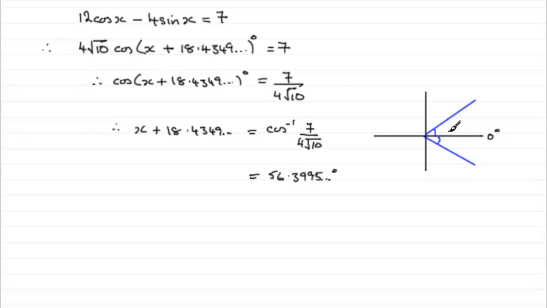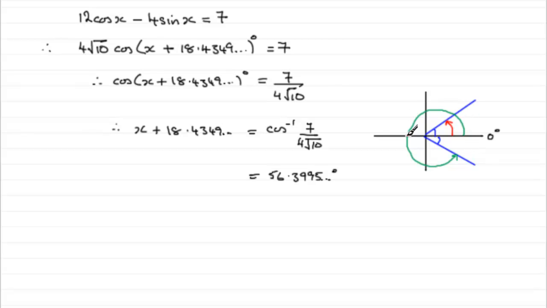So we need to start from here, and the first solution would be round to this first blue line, and this is a possible x plus 18.4349 degrees. We should also start from here again and turn round in an anti-clockwise direction to the next blue line.